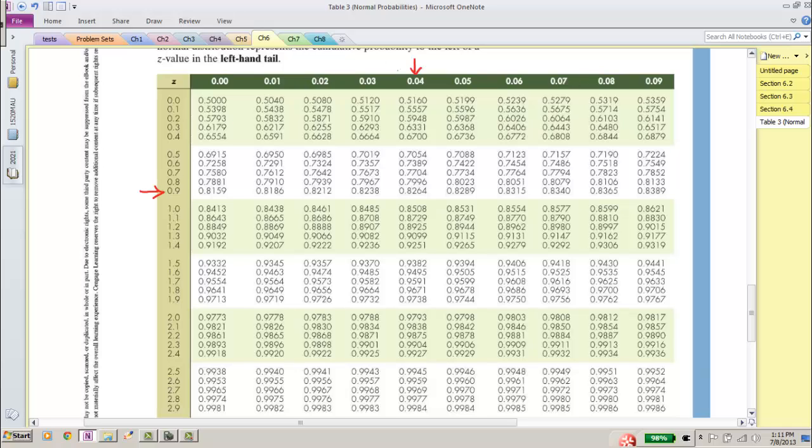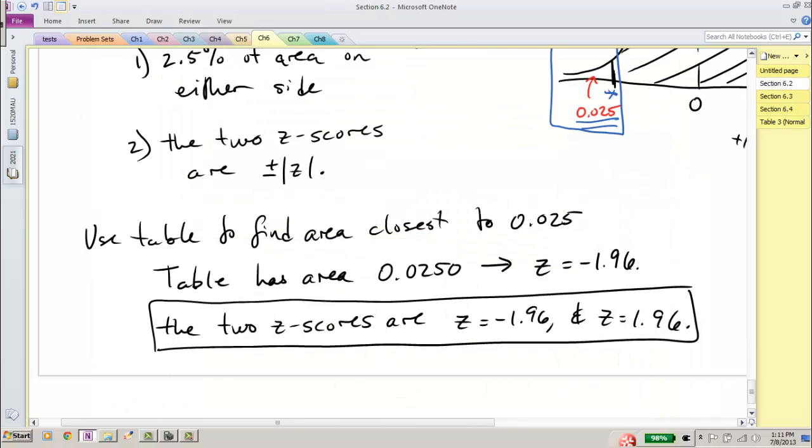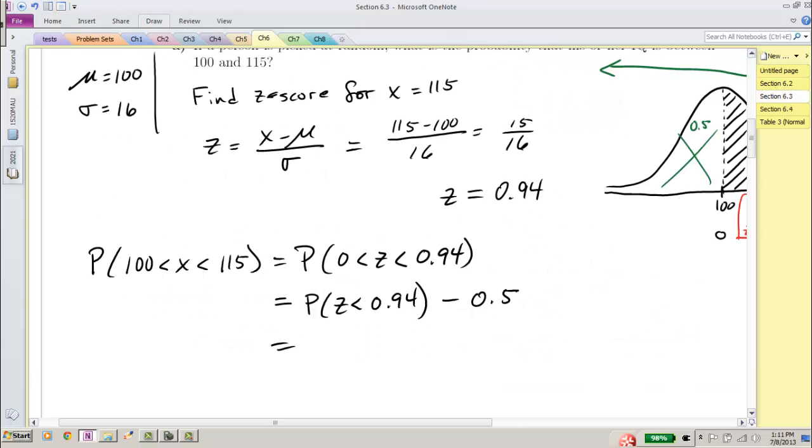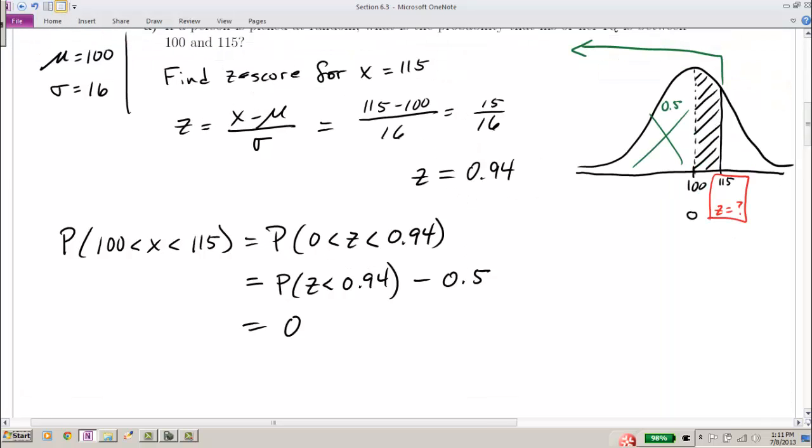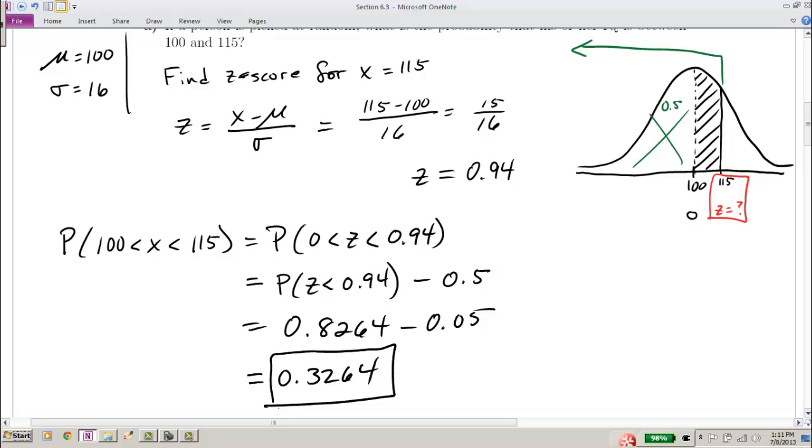The 0.04 column gives us 0.8264. And so doing the subtraction gives 0.3264. And that's the probability that a person selected at random has an IQ between 100 and 115.